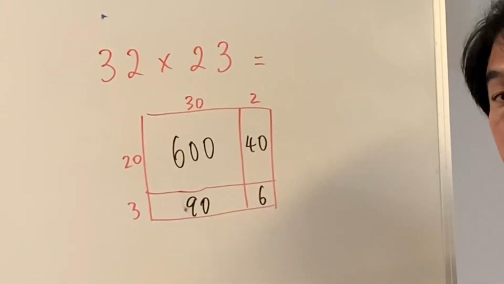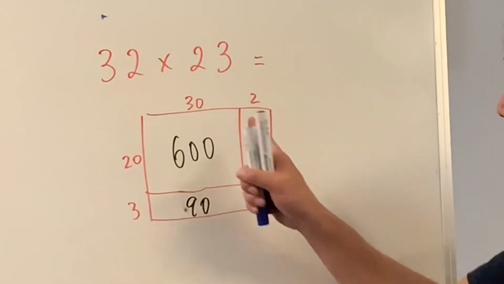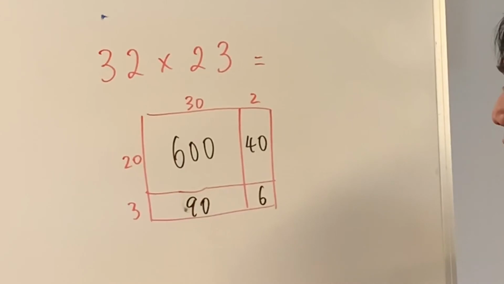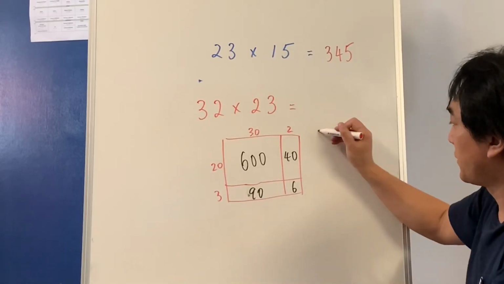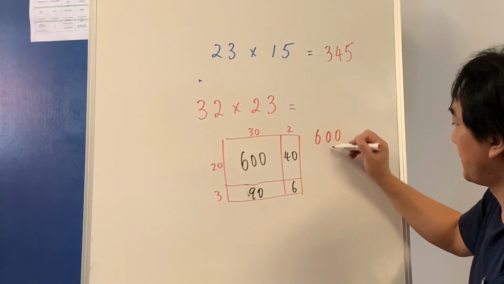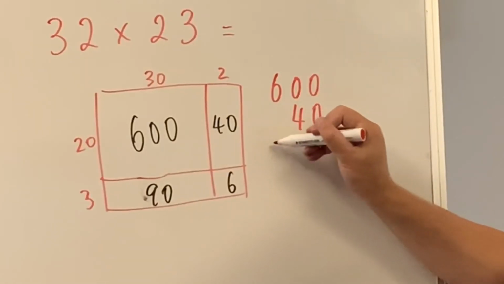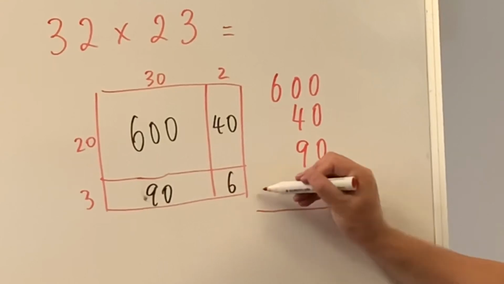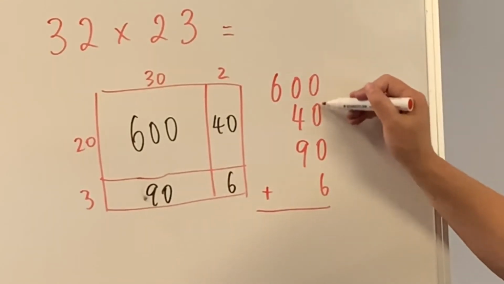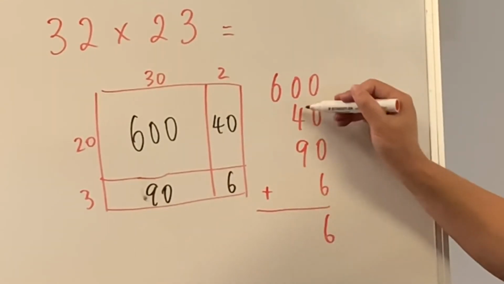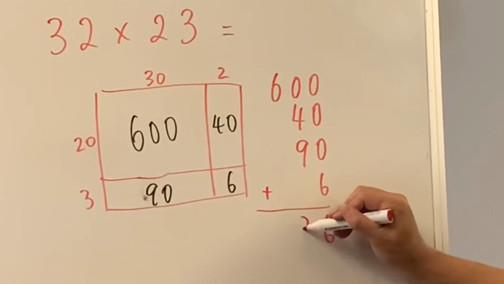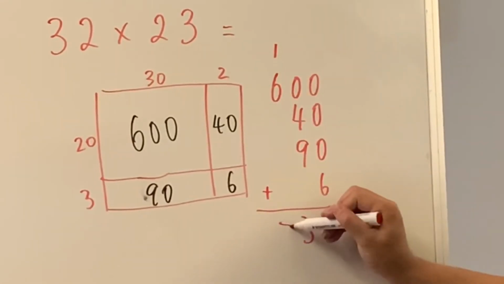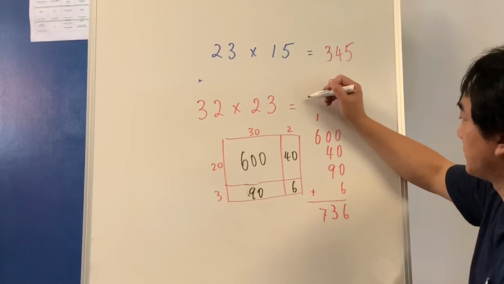So the area model looks like this for 32 times 23. Some of you may want to do addition. 6, 4 plus 9 is 13. 736.